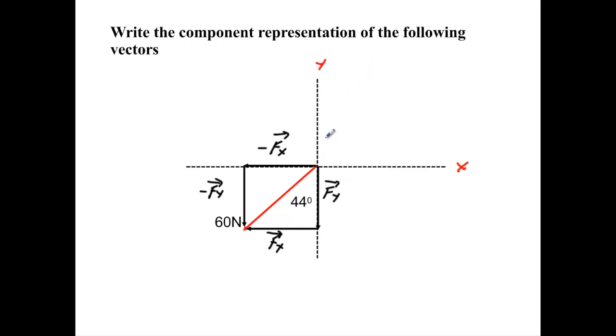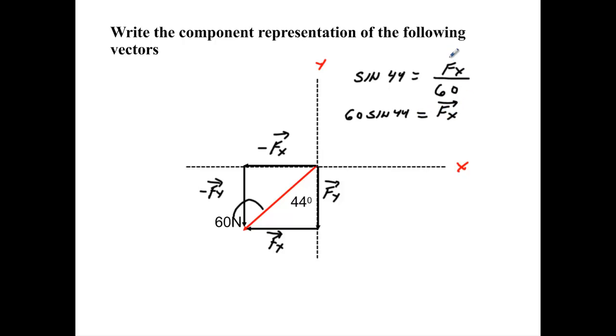Okay, so now let's talk about how to get Fx. Fx now is opposite to 44. So can we not say that the sine of 44 is equal to Fx over the magnitude? This is 60. So we can say that 60 times the sine of 44 is equal to our Fx.